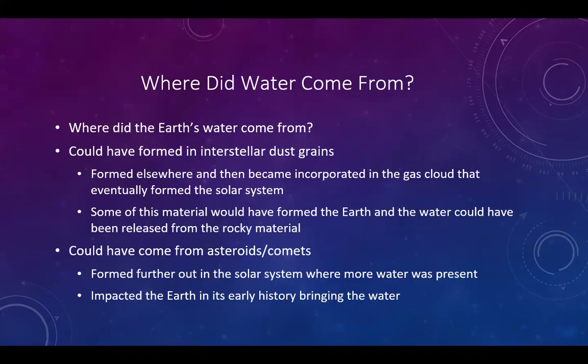It could have also come from asteroids or comets. This could have formed further out in the solar system where more water was present, and then impacted the Earth early in its history, bringing the water. Or it could be a mix of the two. We don't fully know at this point.